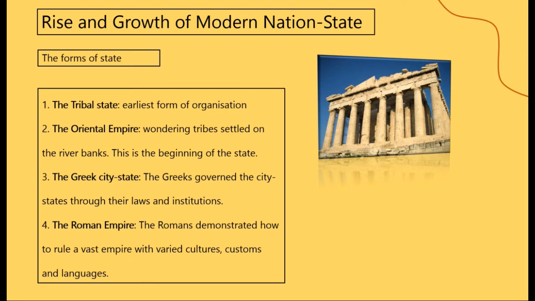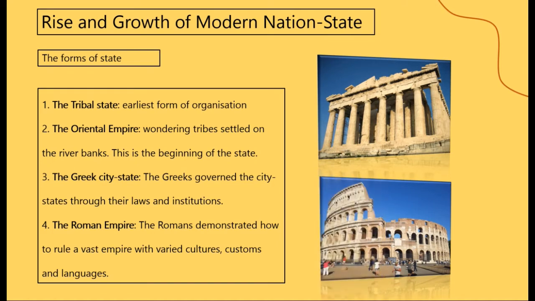Fourth, the Roman Empire. After the fall of Greek civilization, the Roman Empire was established on the banks of river Tiber. The various settlements came under the control of Rome by conquest or by federation. Monarchy was adopted where the king was the patriarch, chief priest, judge, and commander-in-chief, but he was supposed to consult the Senate.